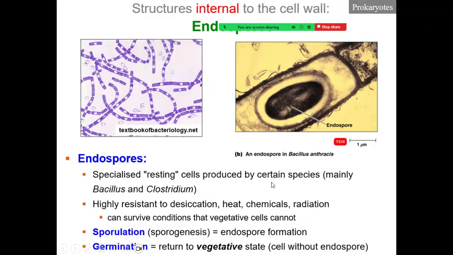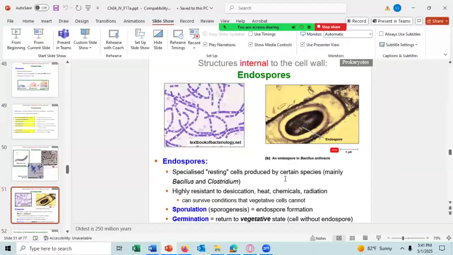So when the endospore is in a bad environment, a poor environment, the cell will remain an endospore, but if the environment ever changes and becomes favorable to the species growing and reproducing, the endospore will germinate and return to the vegetative cell.